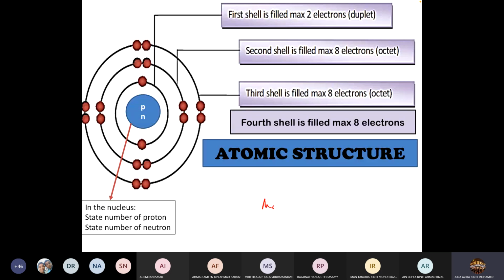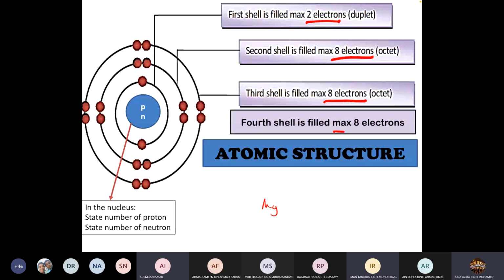For your level, the first shell has a maximum of 2 electrons. The second shell has a maximum of 8 electrons. The third shell is also 8, and the fourth shell also 8.